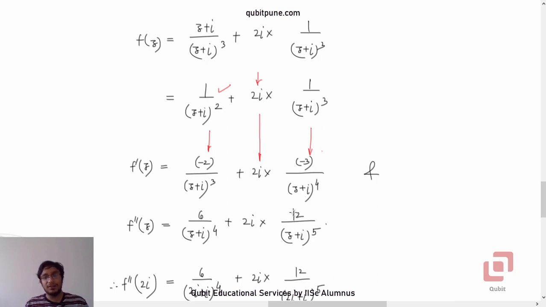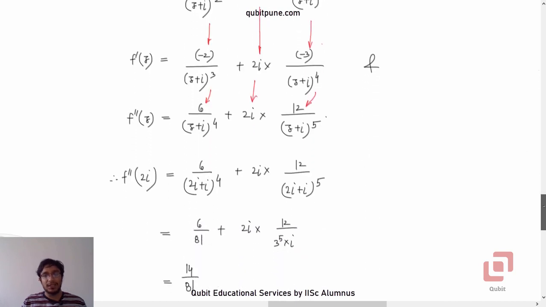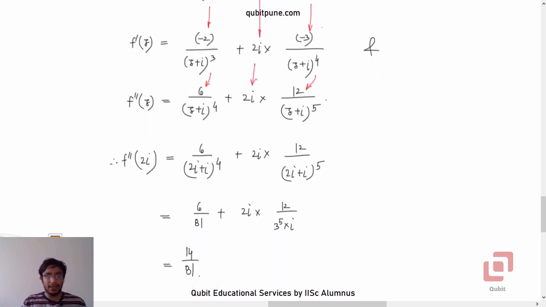Differentiate it one more time to get the second derivative, because n is 2. Minus 2 into minus 3, 6, denominator z plus i to the power 4. Minus 3 into minus 4 is 12, denominator will be z plus i to the power 5. Don't forget 2i. Now is the time to substitute z as 2i.